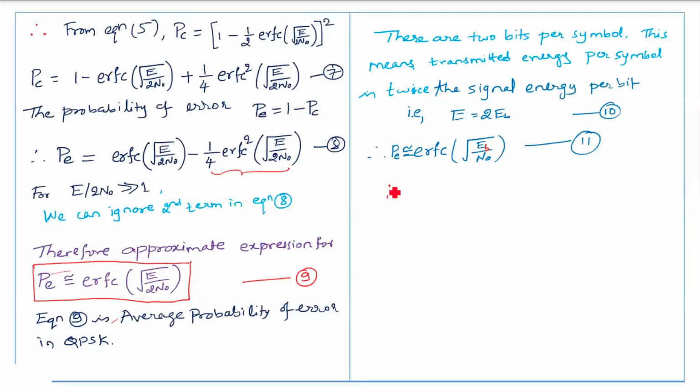Probability of error in BPSK is half times ERFC of square root of EB by N naught, right? Whereas probability of error in QPSK is ERFC of square root of EB by N naught. Yes or no?